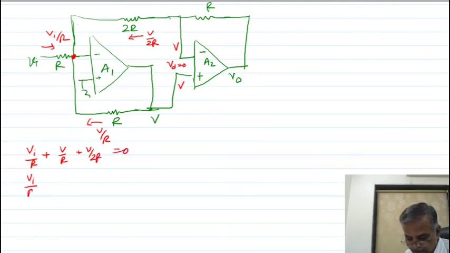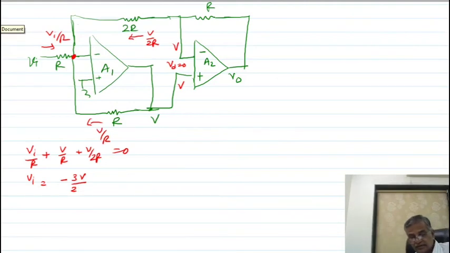So Vi upon R is equal to minus 3 by 2 into V by R. R is gone. So the input voltage Vi is minus 3 by 2 into V, or V is minus 2 by 3 into Vi, the voltage at this point.